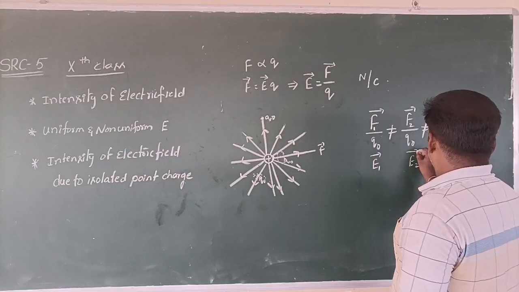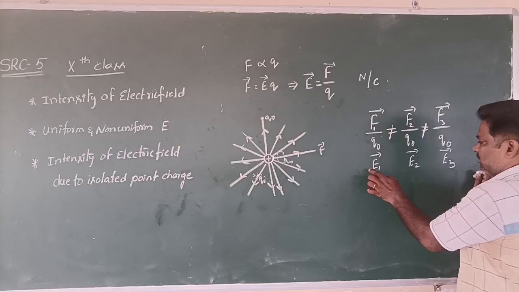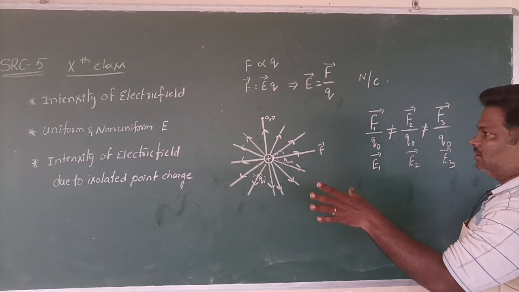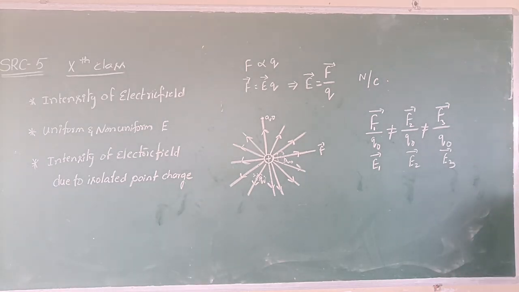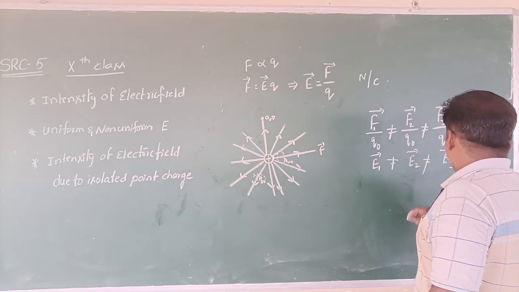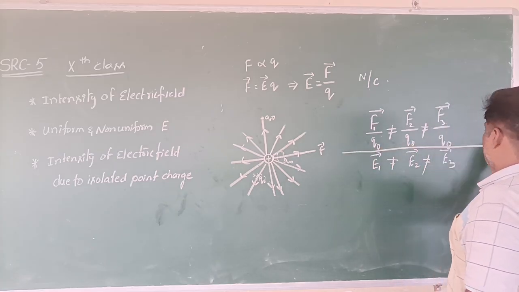Since the names are different, the strength of the field is also different. If I write E, that means the same electric field strength. If I write E1, E2, E3, it itself gives the idea that they are not the same. So E1 is not equal to E2 is not equal to E3.